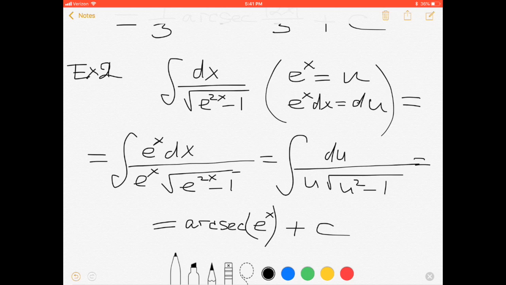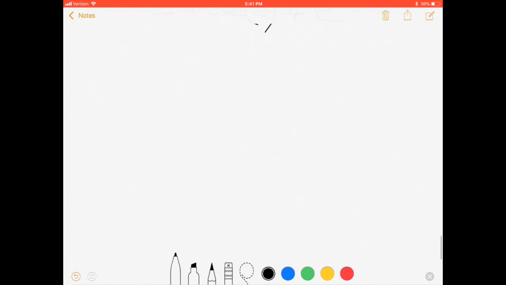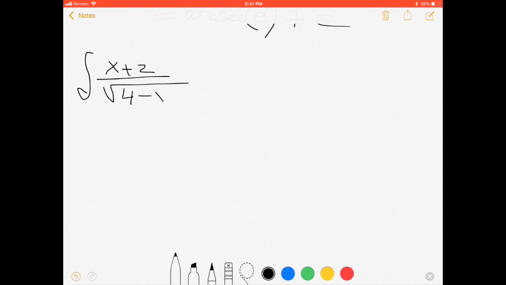Okay. Doing one more example. When you have a fraction and you need to separate it into two fractions for solving. For example, I have x plus 2 over square root 4 minus x squared dx.